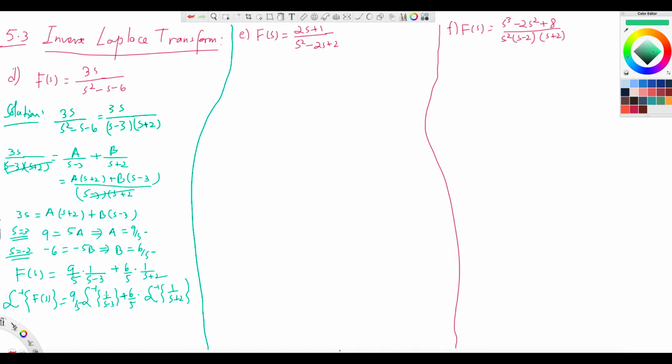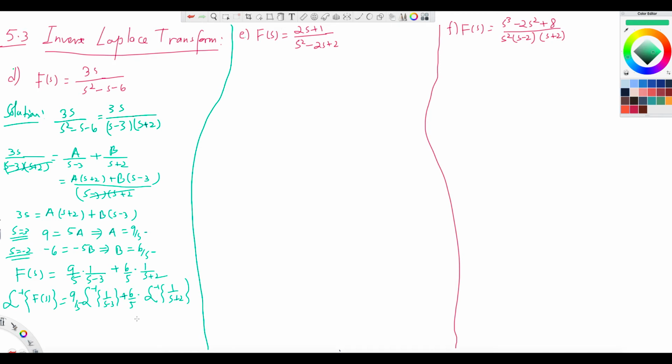You can see it is just a translation, s minus 3, so there may be an e to the 3t. But what is the function whose Laplace transform is 1 over s? That is 1, right? The Laplace transform of 1 is 1 over s.